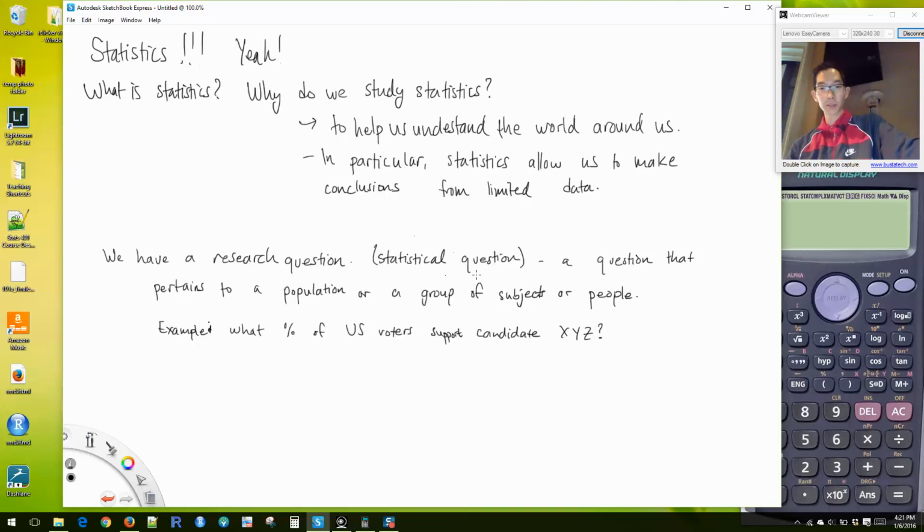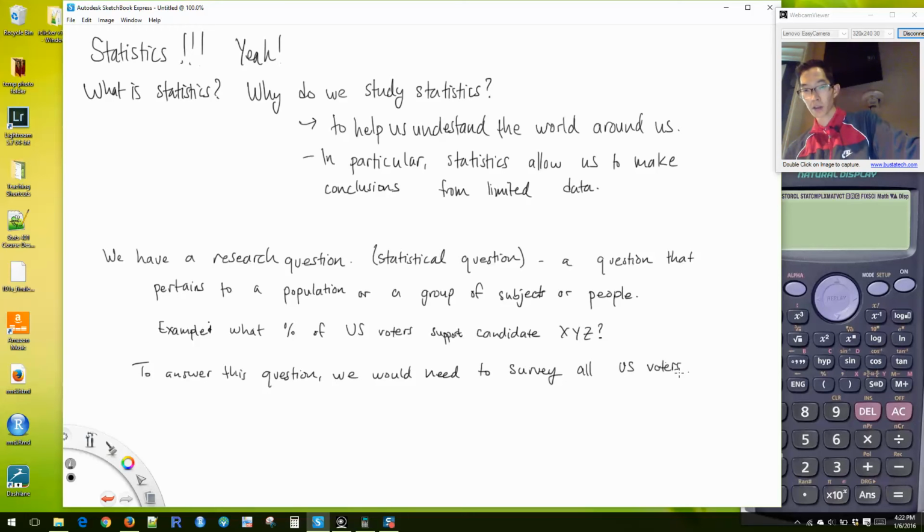So we have a research question, a question that pertains to a population. And to answer this question, we would need to survey all US voters and ask which candidate they support.